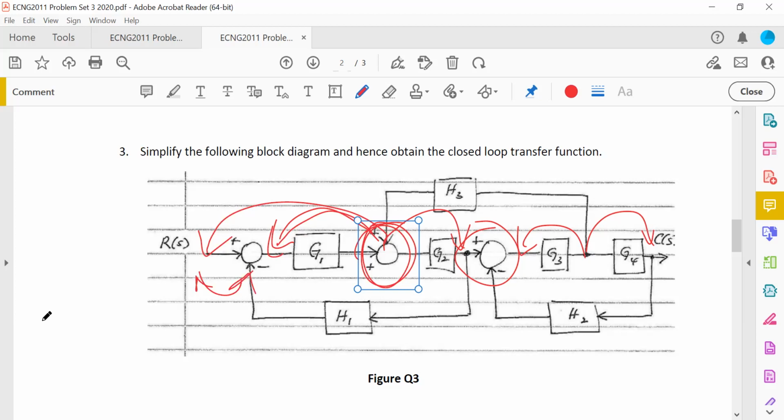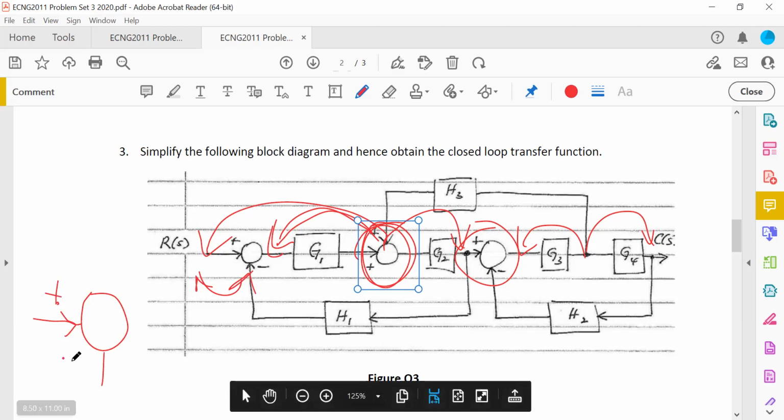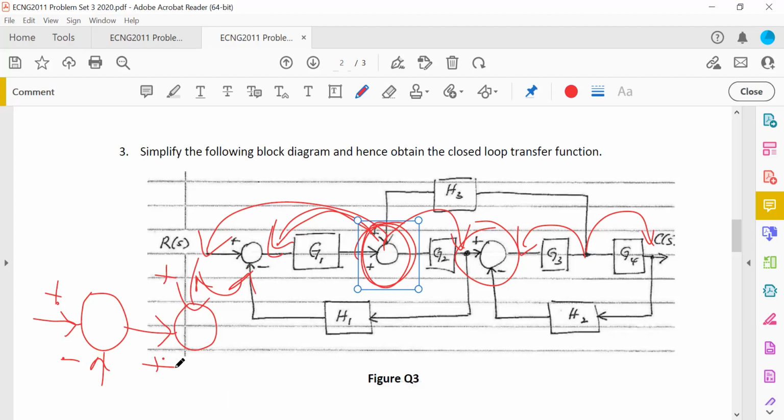Because if you think about it, if I have something like this, this is plus, this is minus, and let's say this is plus here and plus here for argument's sake, right? You realize addition and subtraction are linear operations.